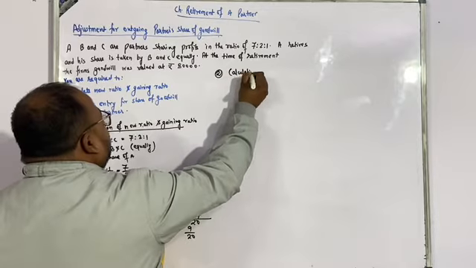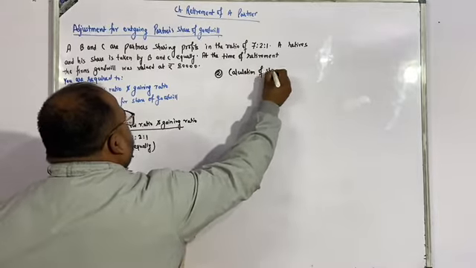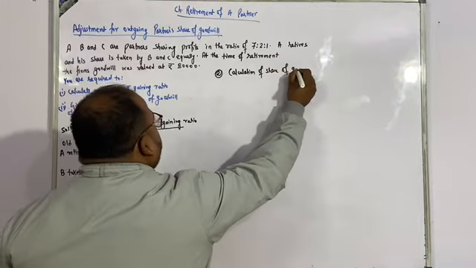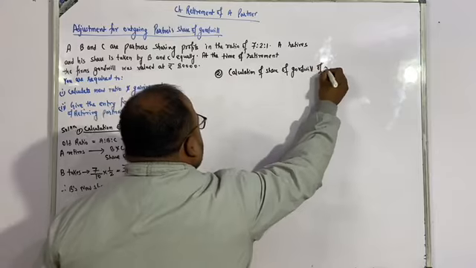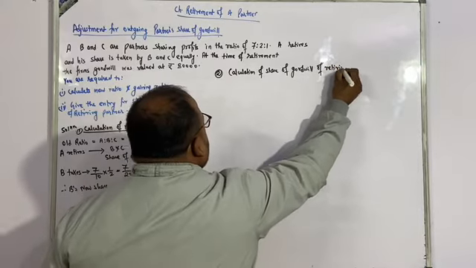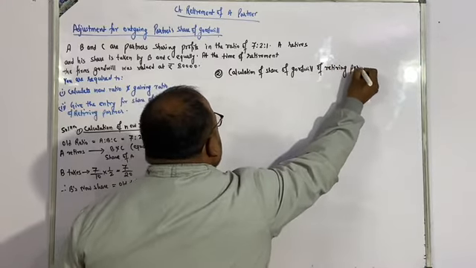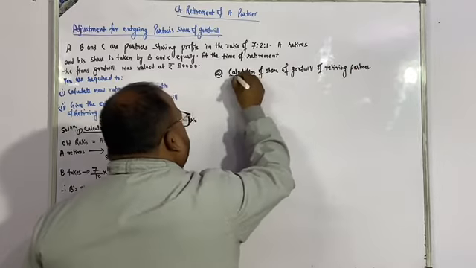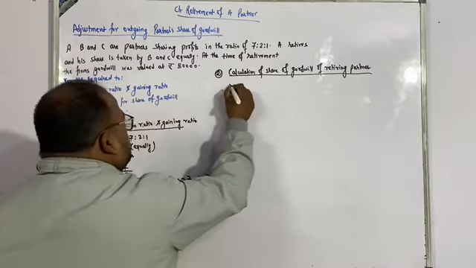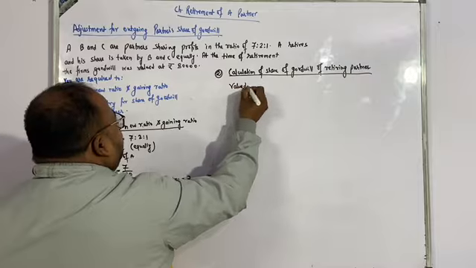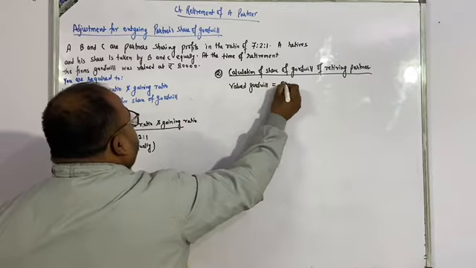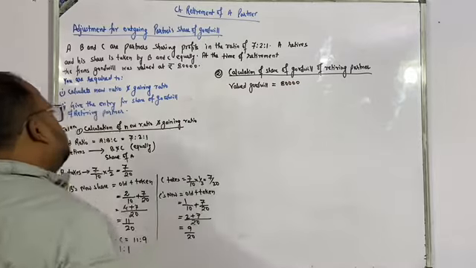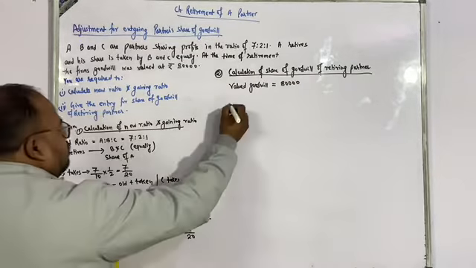So calculation of share of goodwill of retiring partner. You have been provided with the valued goodwill. So the valued goodwill is 80,000, and the share of A you have to take out.